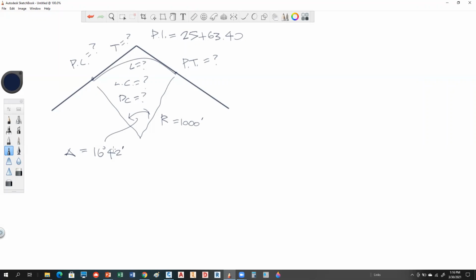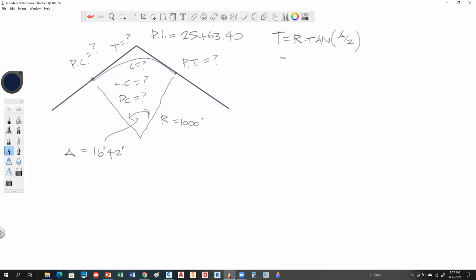So since I have delta and radius, I can really start at any point. So I'm going to go ahead and do the T first. And T is equal to the radius times the tangent of delta over 2.